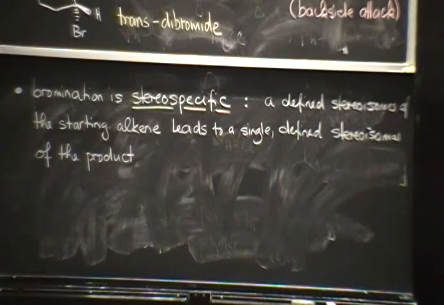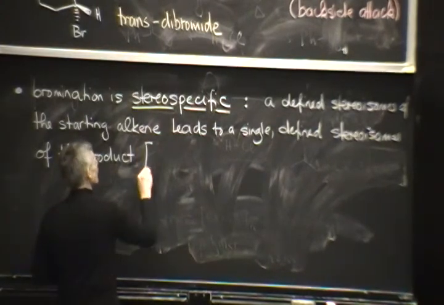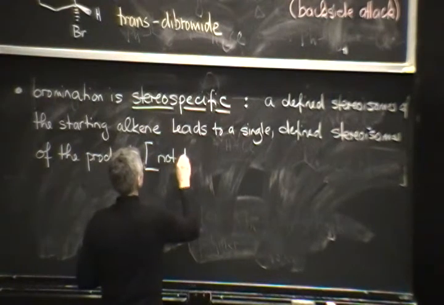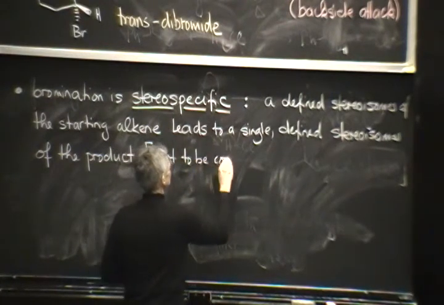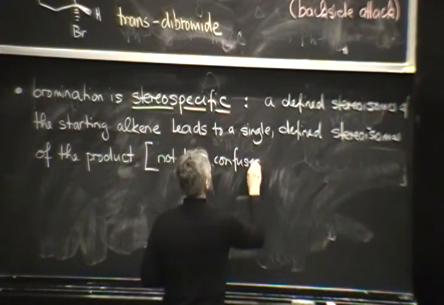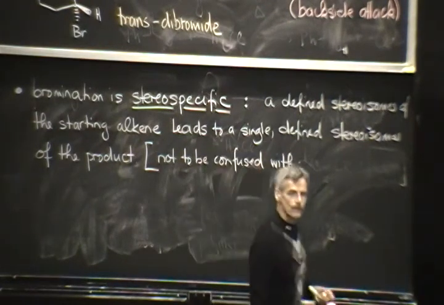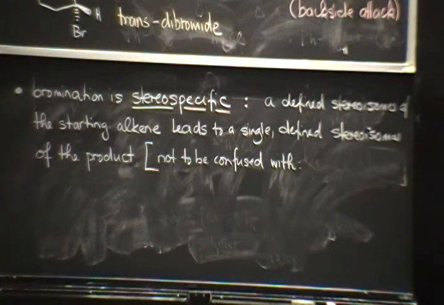Before I show you that example though, let me put down in parentheses another expression that this should not be confused with. Okay. And so what is the word that I don't want you to be confused with? Selectivity is part of that word.